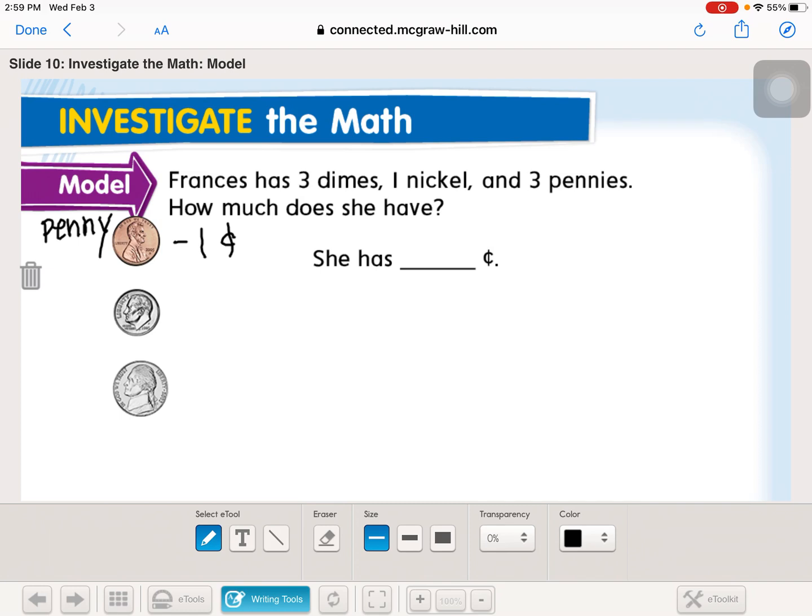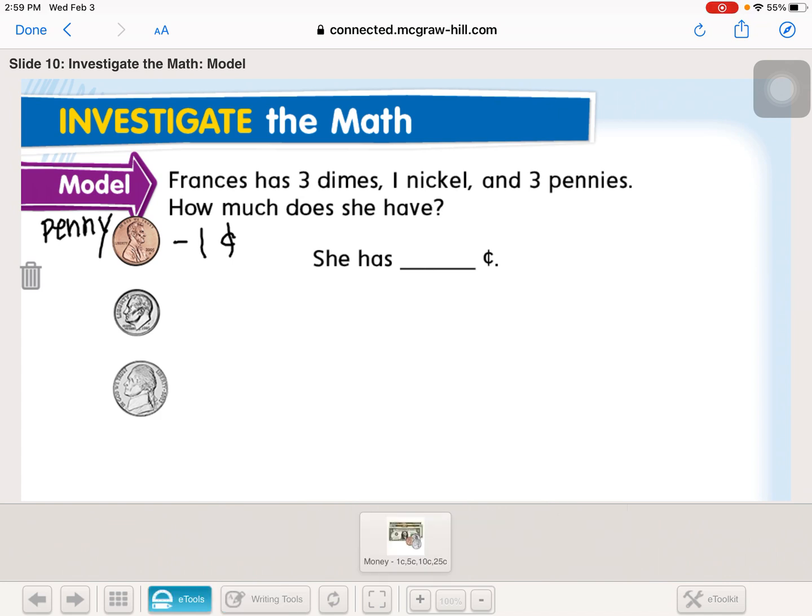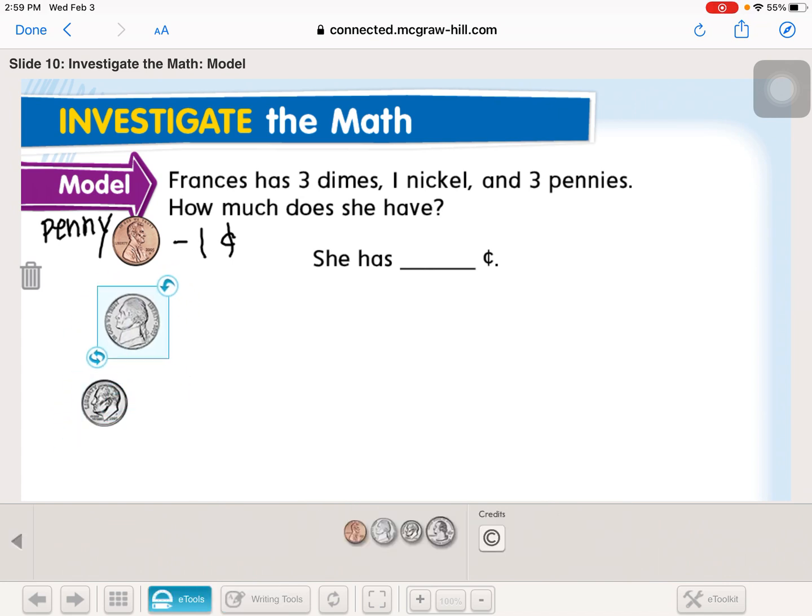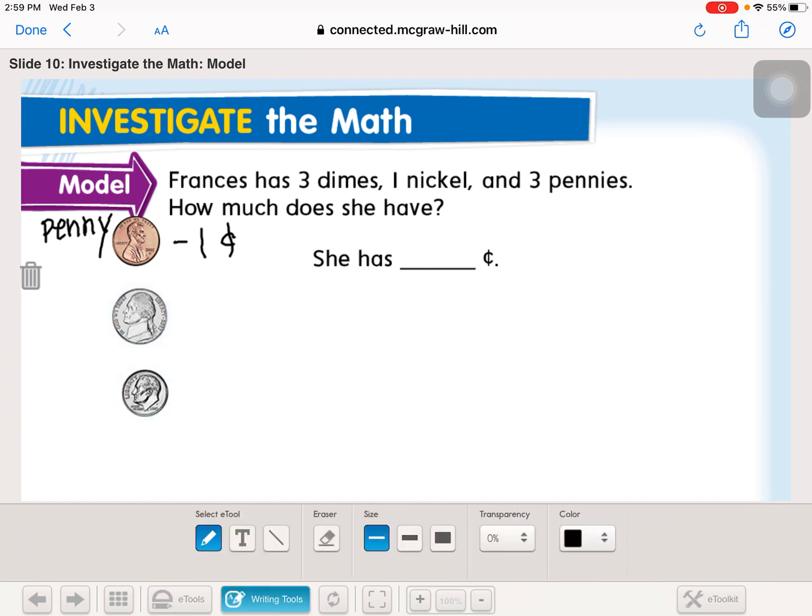It's the smallest form of currency that we have. Let's change these so that they're in order of their amounts. This one is a little confusing because the next one is a nickel, and it's worth 5 cents.